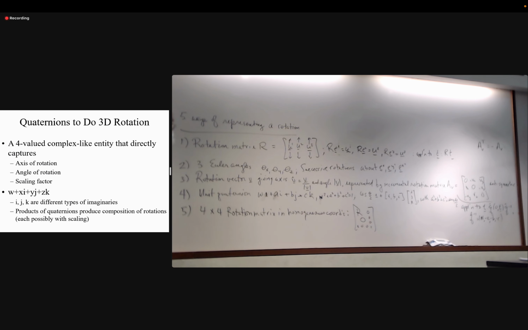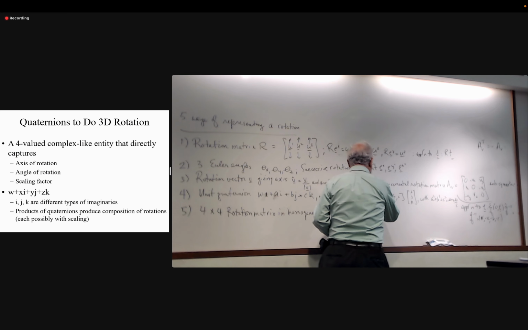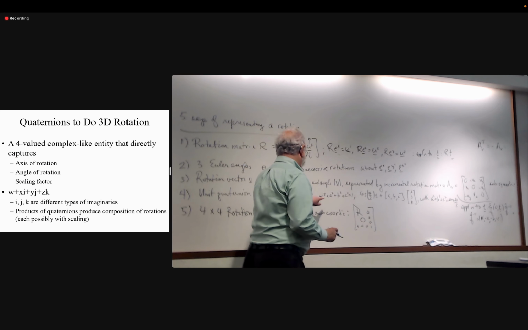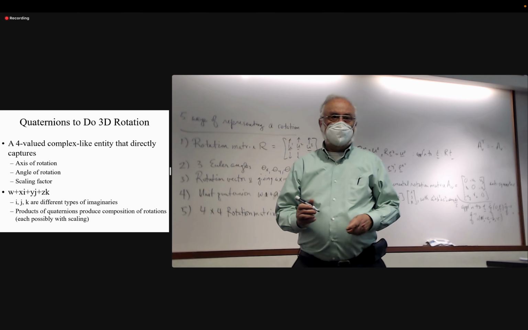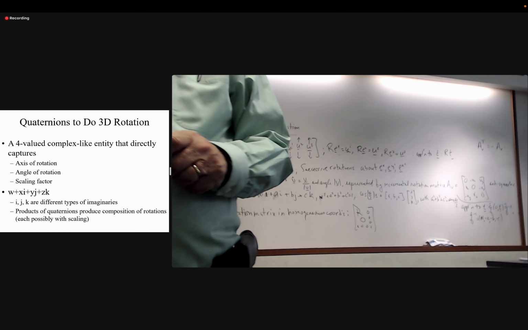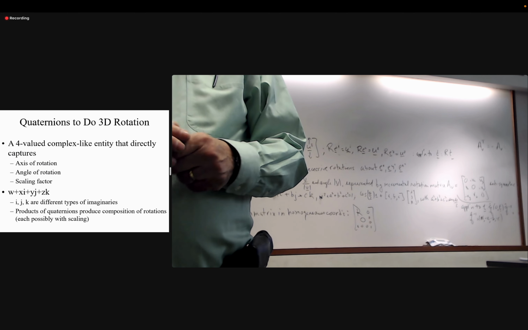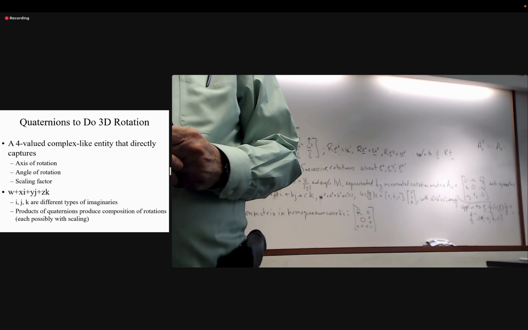We will see, well, I told you last time, but I'm repeating now, that the W term is cosine theta over 2, which means that from the W term, if you take the cosine inverse of it and then multiply it by 2, you get the angle of rotation.